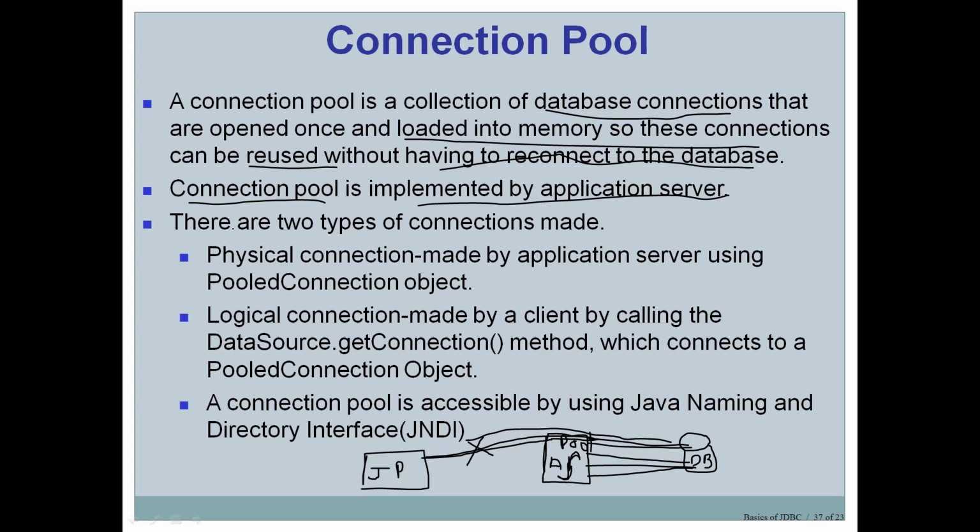Now in case of an application server or this connection pool, there are 2 types of connections which are made. One is the physical connection, made by the application server using a pooled connection object, that is the connection between the application server and the database. This is called a physical connection.